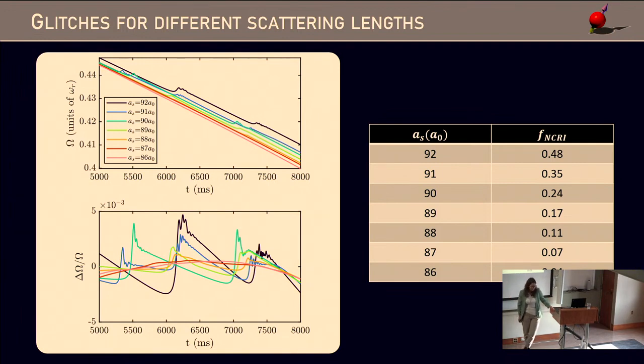Yeah, so at the moment, this is a theoretical proposal, also because of this model for the feedback. The angular momentum released by the vortex is reabsorbed by the solid part of our system. So there is this model behind that, and it's not trivial how to implement it in the experiment.